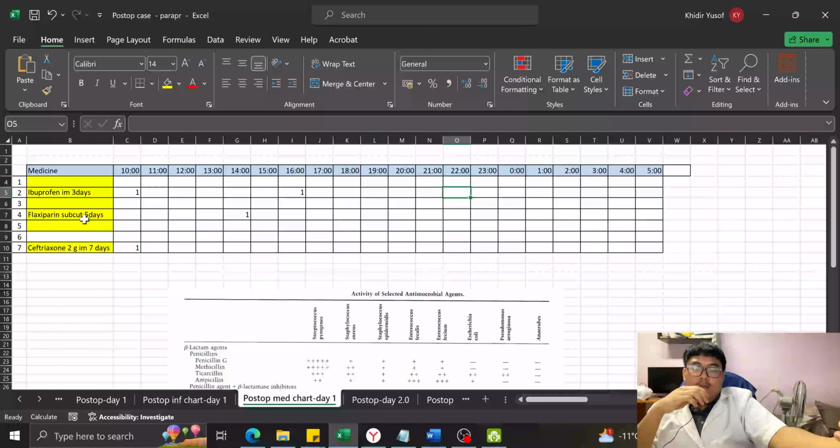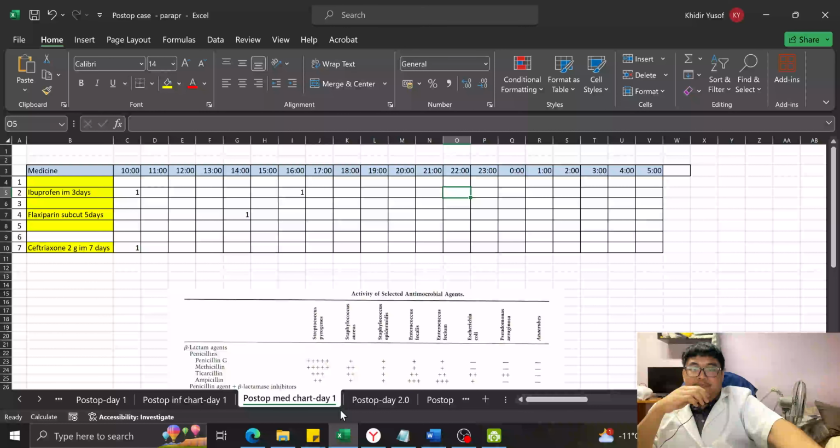Fluxiparin is an anticoagulant, so this is used for prevention of thromboembolic complications. Next is ceftriaxone, 2 grams injected intramuscularly once a day for 7 days, which is for antibiotic therapy.